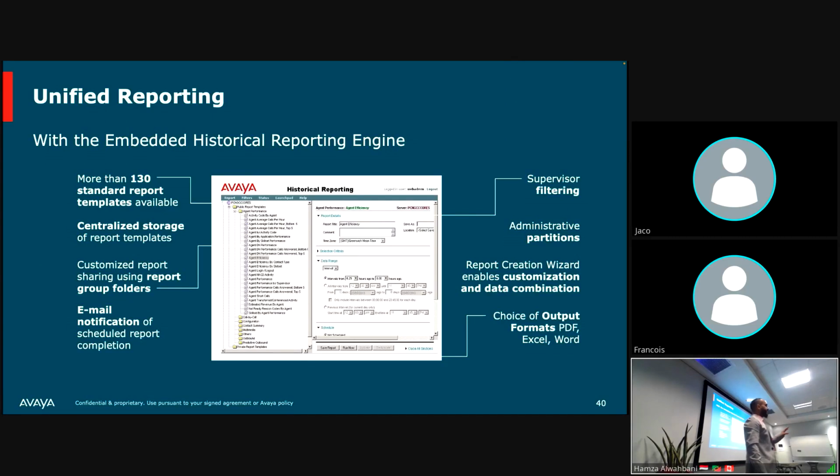And with ACCS, Avaya will provide you with unified reporting, which will give you more than 130 standard report templates for voice, for channel, for email, for SMS, for fax, for time card reporting, for agent, for call center.